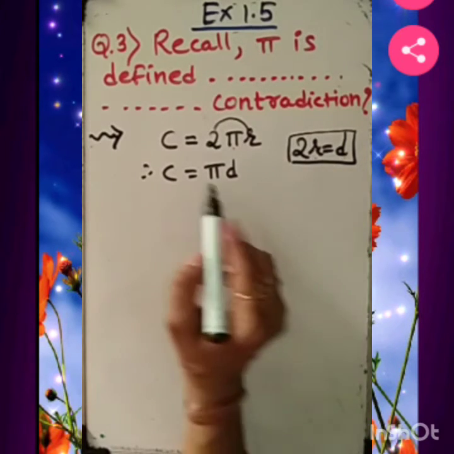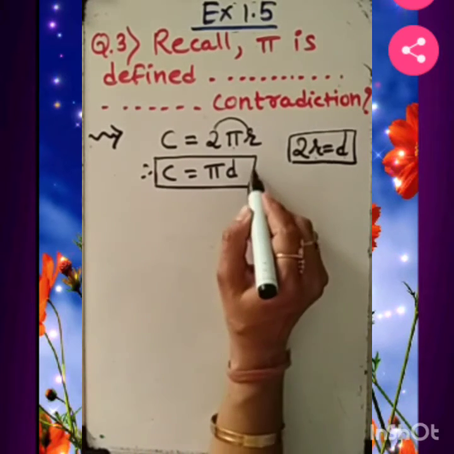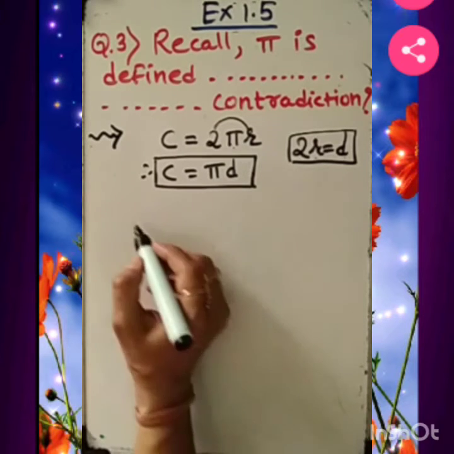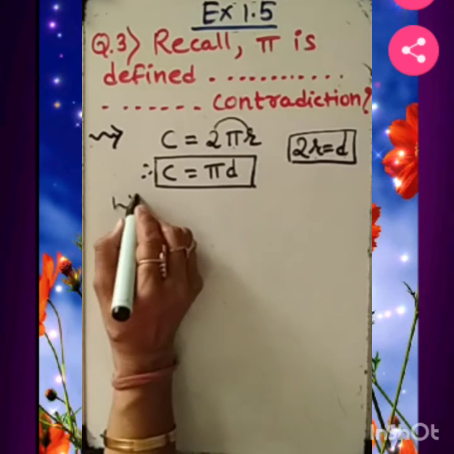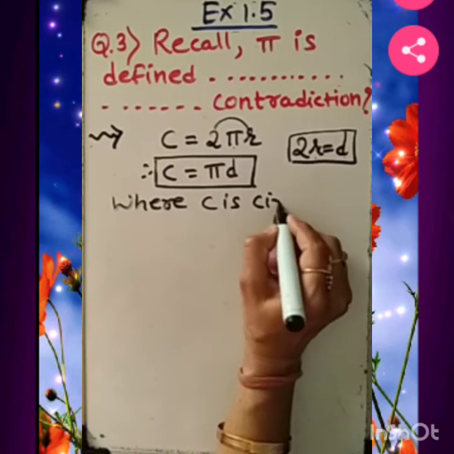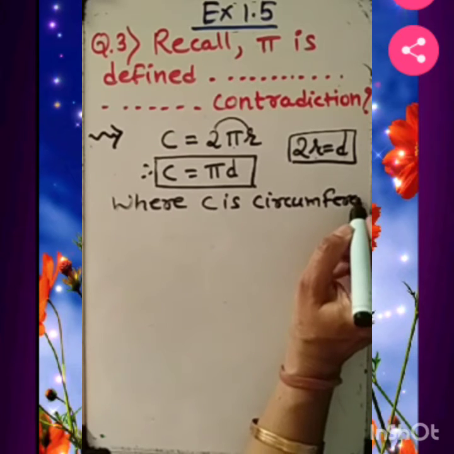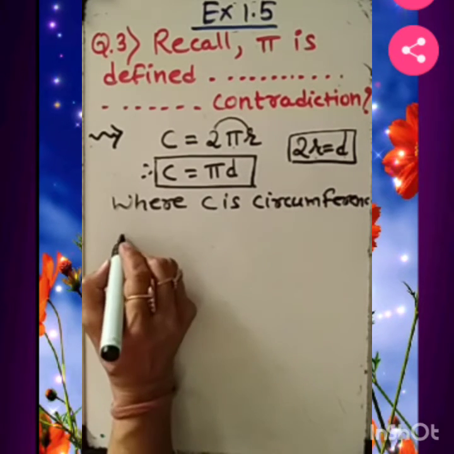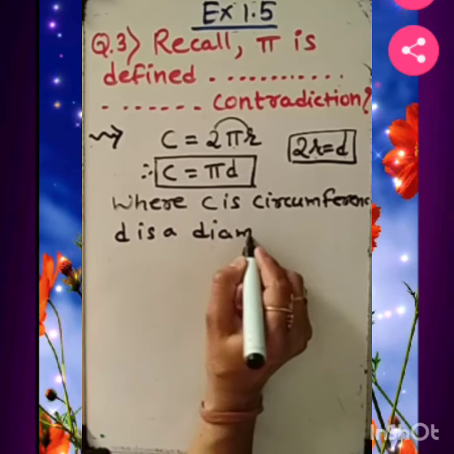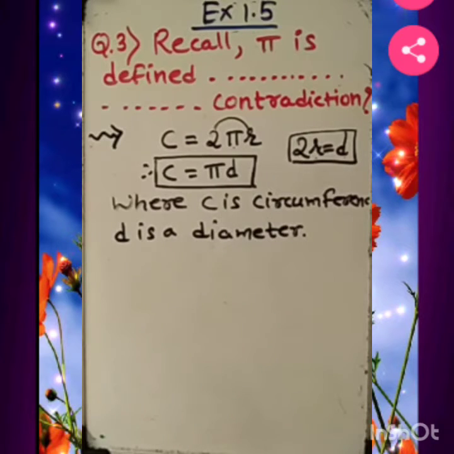So sometimes we use this formula also whenever we are given directly the diameter and we want to find the circumference C. Here C is the circumference and D is the diameter. Okay. Now, what is the question? Let me clarify this for you.